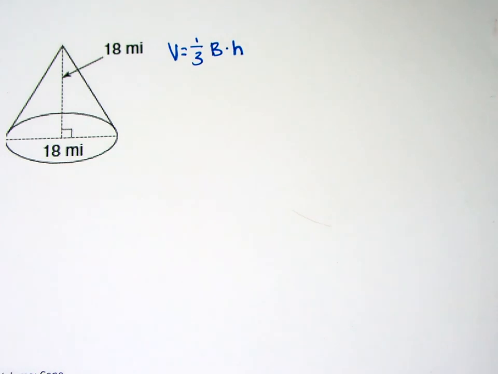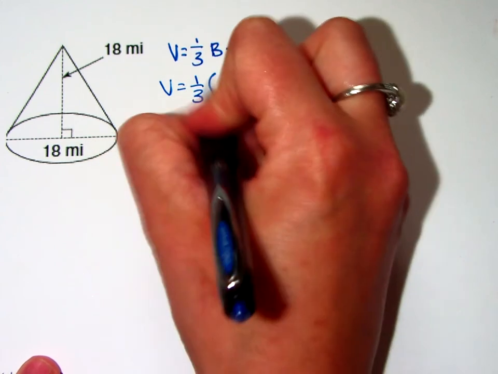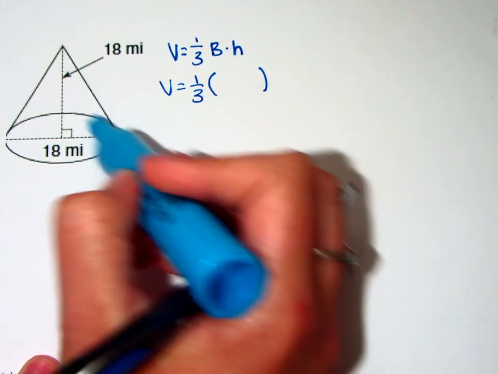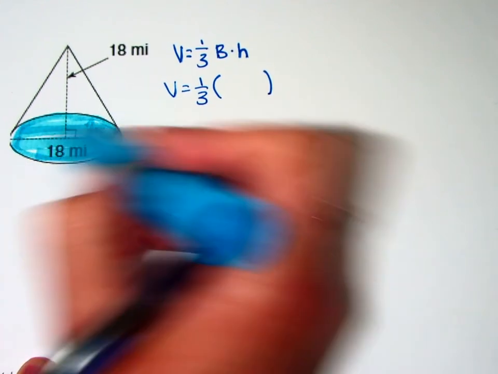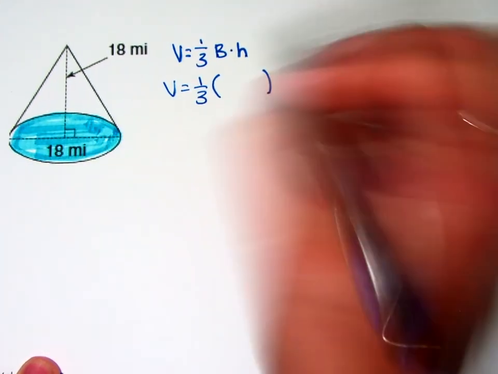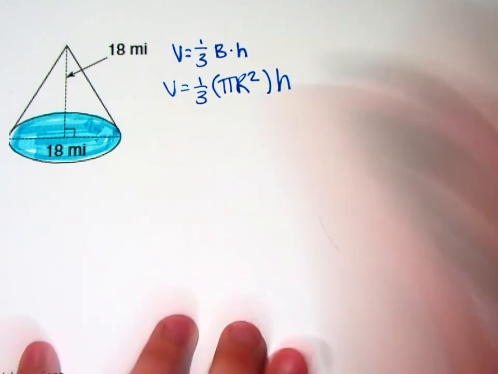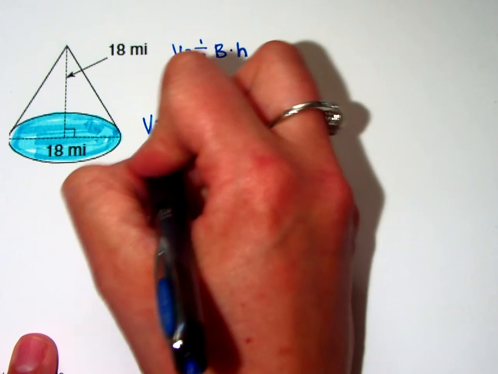Just be mindful, one base, 1/3. Let's continue down. So volume equals 1/3. I should notice it's a cone with a base shape that is a circle. Cones have base shapes of circles. So I'm going to use pi r squared as my area formula, and I'm going to stick height on the end. Let's substitute in our numbers.